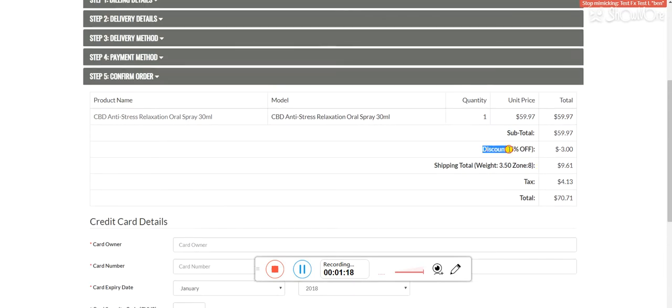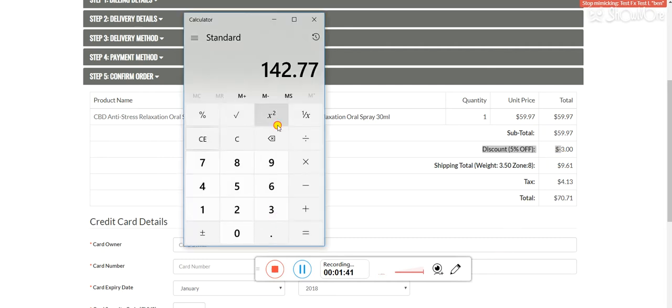As you see here, discount has been added after subtotal. We'll check if computation is correct.